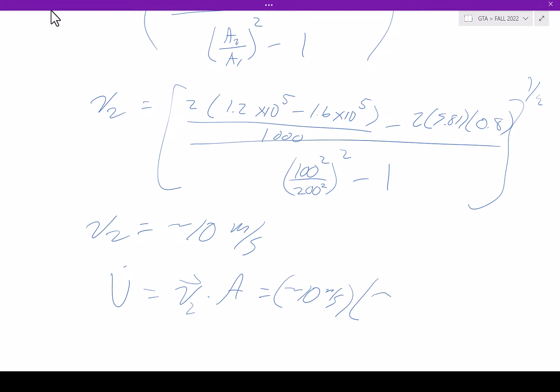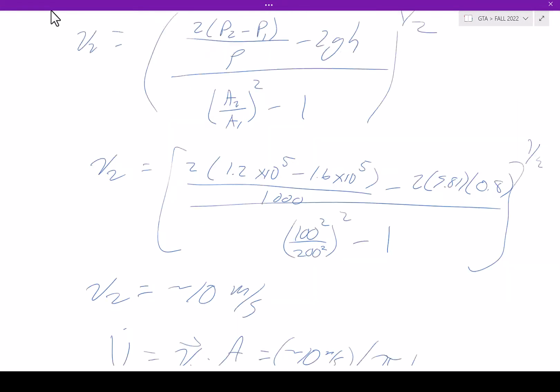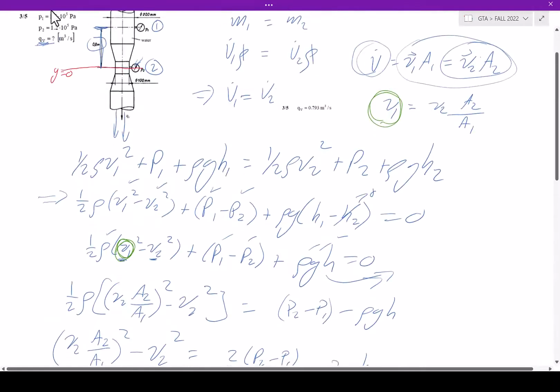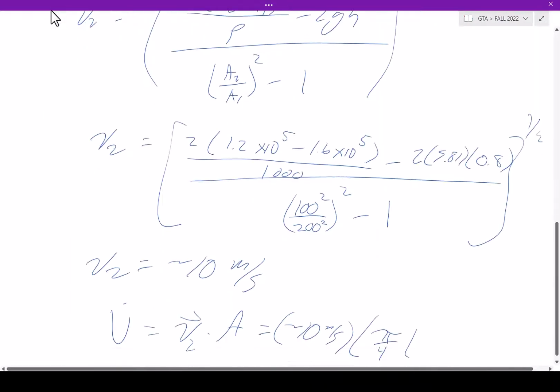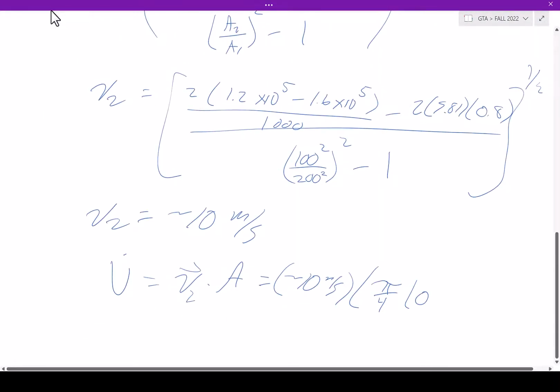The area is going to be pi over 4. Now you have to actually convert it to meters because the units matter. So that's 100 millimeters, so it's 0.1 squared. Okay, and you're going to get a value.